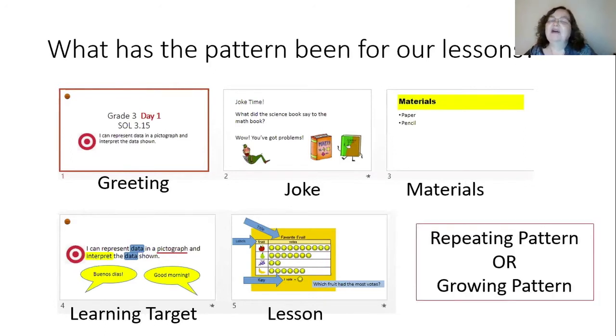So would you call the pattern for our lesson a repeating pattern or a growing pattern? That's right. It's a repeating pattern because I've been doing it for 10 weeks, 9 weeks, over and over the same way, except for today.